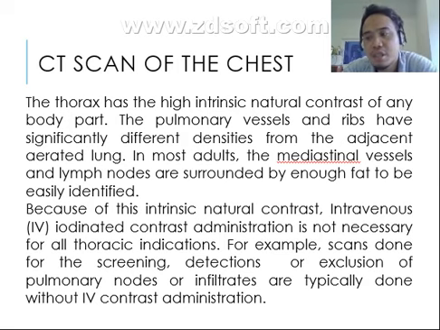So the surrounding tissues within the thorax have what is called natural contrast. In other words, because of this high intrinsic natural contrast, for these examinations of the chest, we may not need to use contrast.